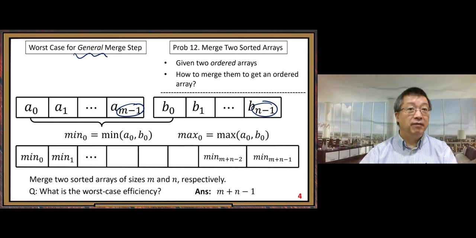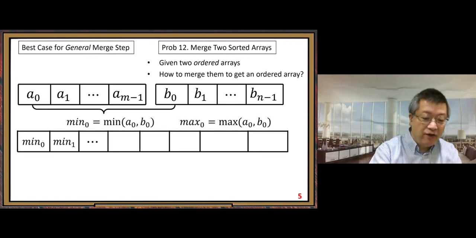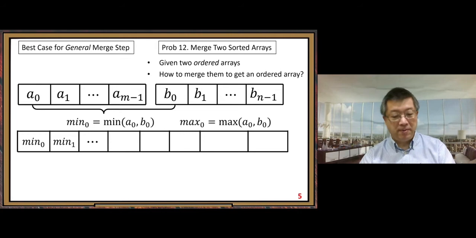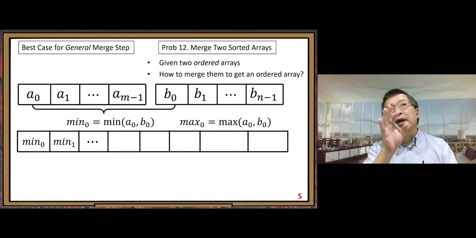Next, the best case. We want to consider the best case for the general merge step. That's also pretty easy. But for the best case, remember, we want to do the minimum number of comparisons, right?